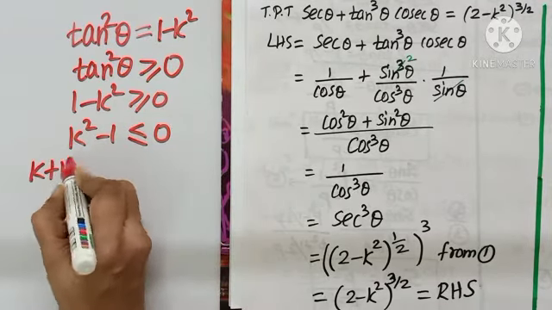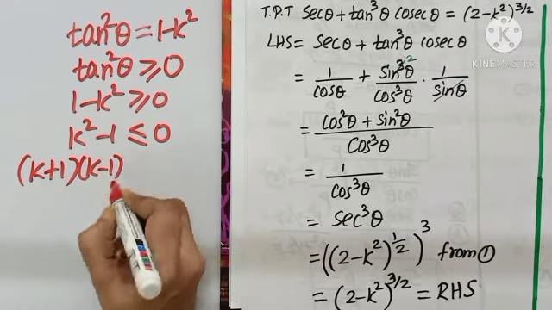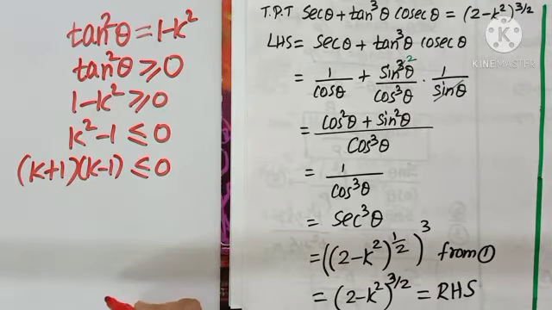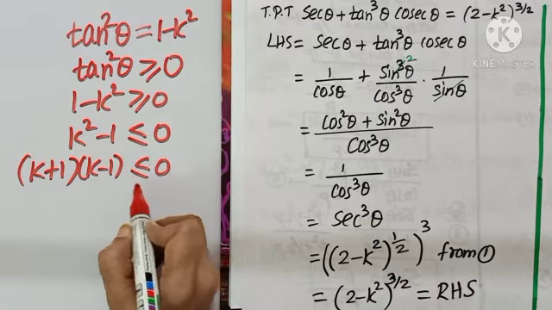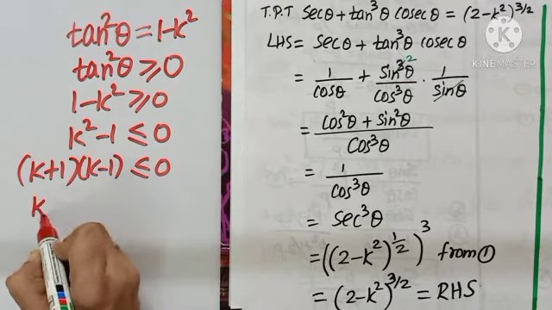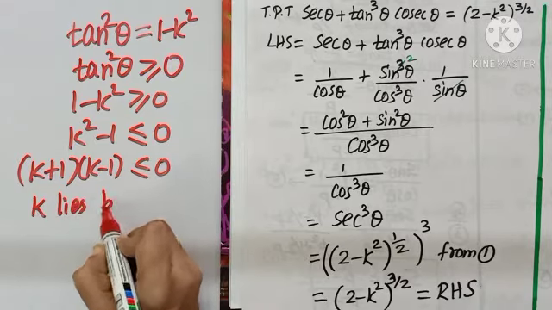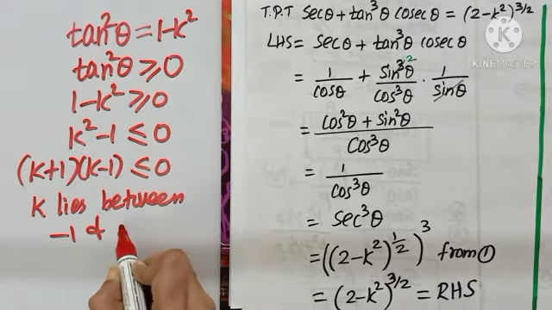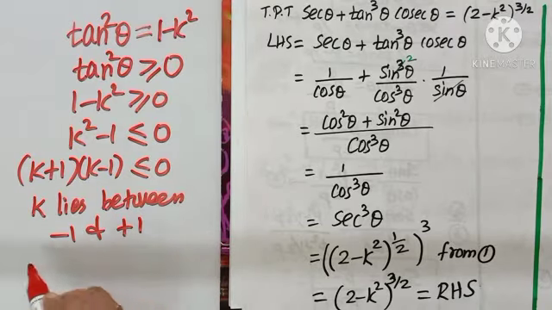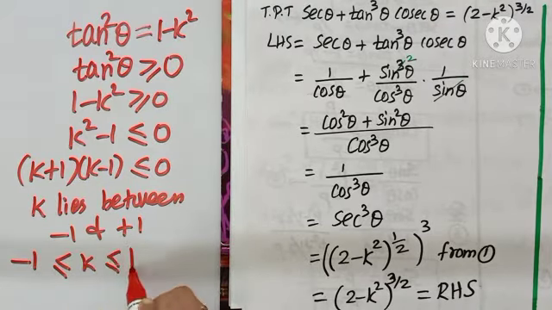Factorizing, k plus 1, k minus 1 less than or equal to 0. Remember the inequality: whenever it is less than, we will say k lies between minus 1 and plus 1. So the interval I get is minus 1 less than or equal to k less than or equal to 1, and that is the interval for k.